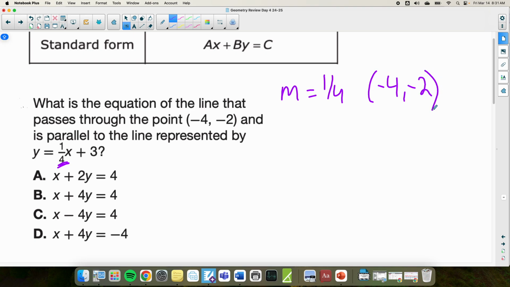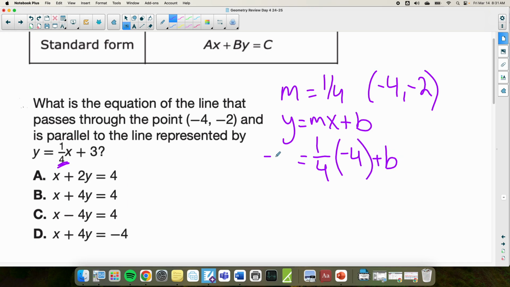And if we're going to plug this in, we want to use... we're going to plug them in again. -4. -2. This will simplify down to -1.